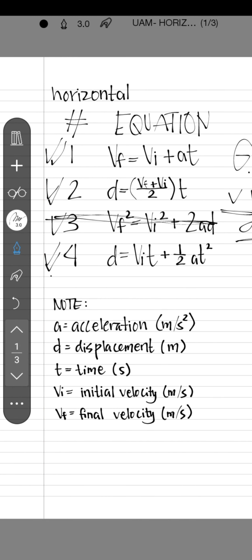Let us then go back to our example, our problem, and write the formula down. Displacement is equal to initial velocity times time plus 1/2 multiplied to acceleration times time squared.